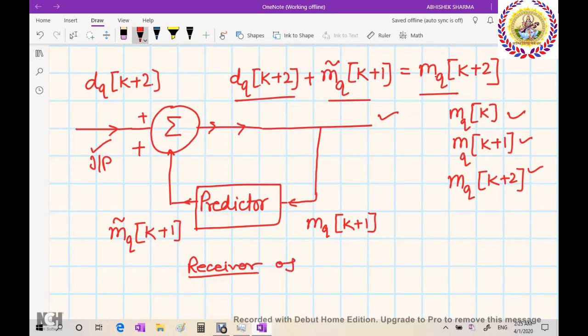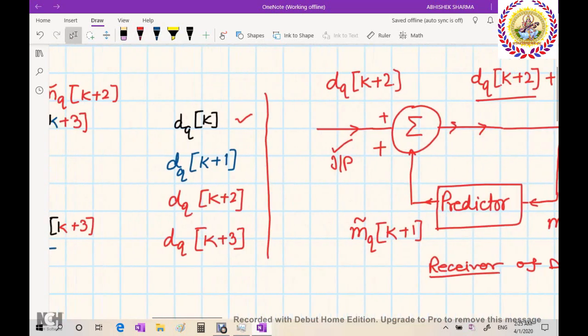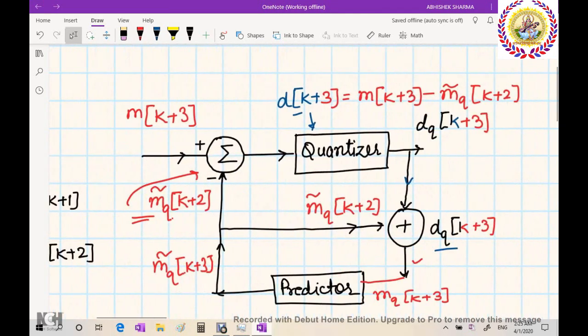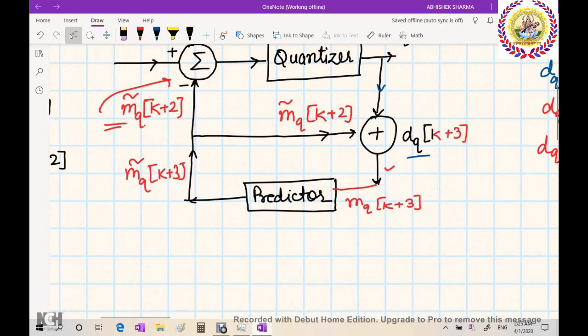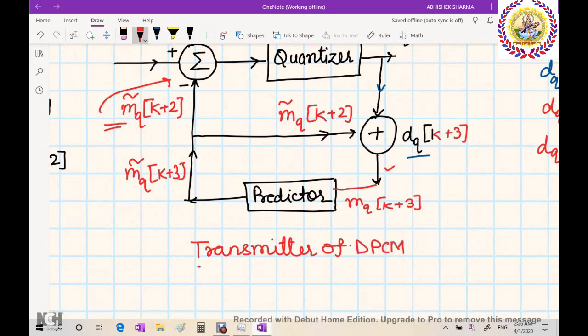So this is the receiver of DPCM, and this is nothing but the transmitter of DPCM. Thank you.